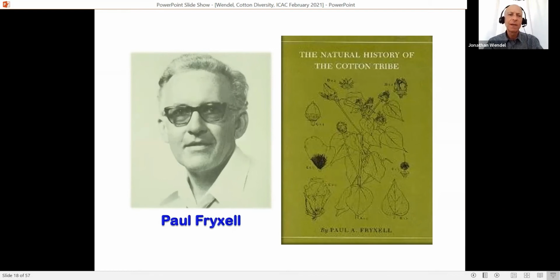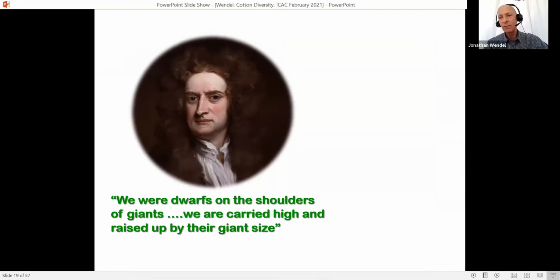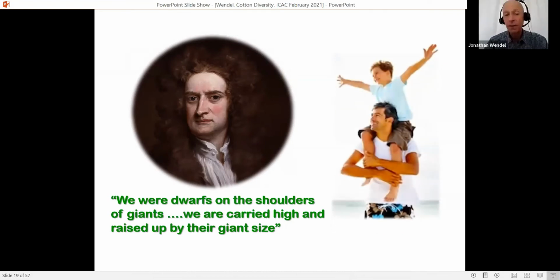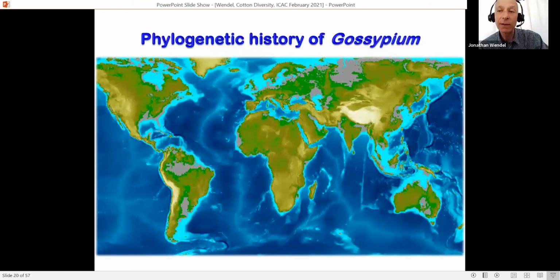But it's marvelous with its understanding of ecology and evolution, the geography, the traits of different wild species of cotton plants. So as I said, and to paraphrase Sir Isaac Newton, shown here on the left, we are indeed dwarfs on the shoulders of giants. And these are all the people, the many others who I don't have time to go into, who carry us high and raise us up by their giant size so we can understand something about the genus Gossypium and its diversity. And then people like me can come along in modern times.